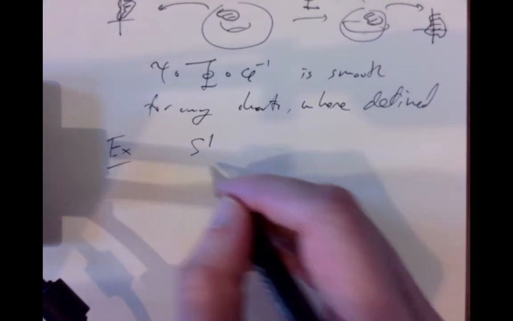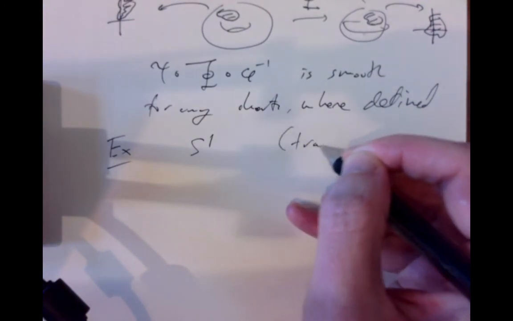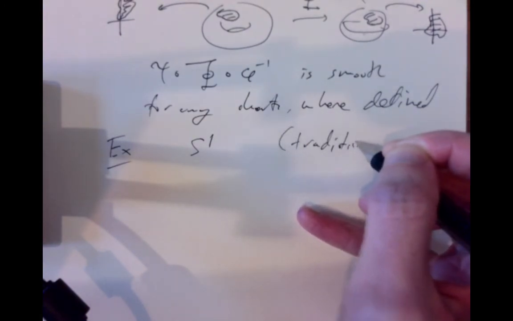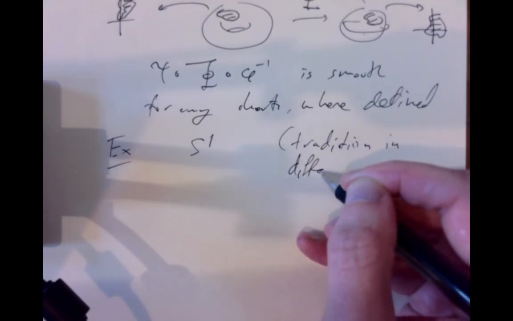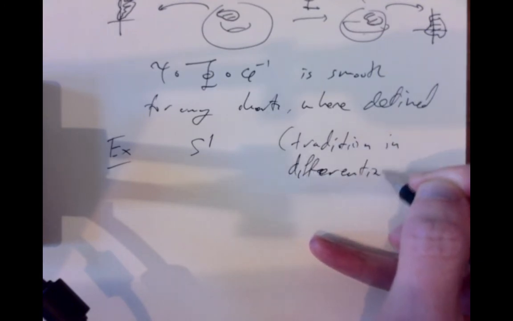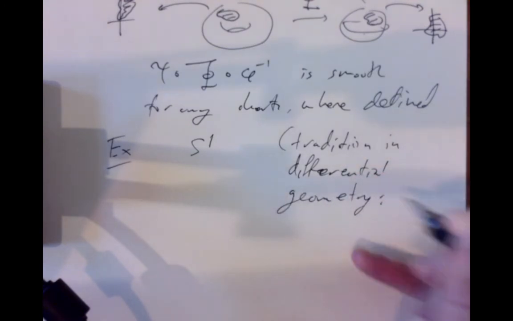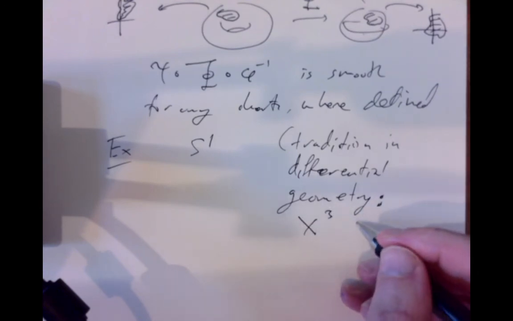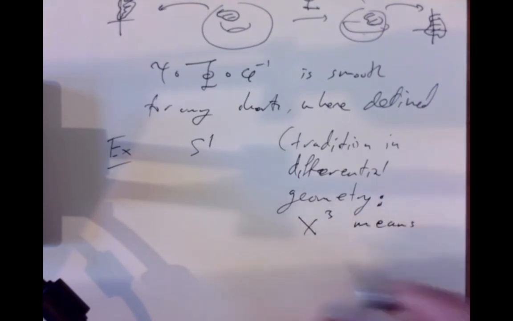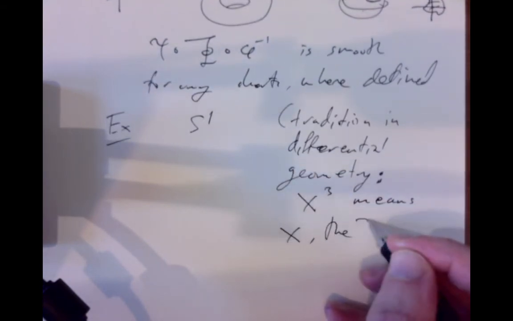Maybe I should say before we get into the example that it's a tradition in differential geometry that sometimes, not always, but sometimes if I write x to the 3, I mean x, the three-dimensional manifold.